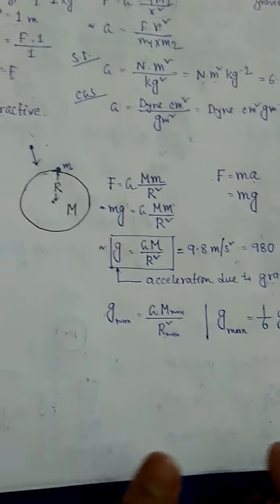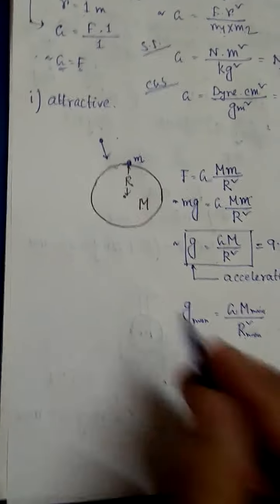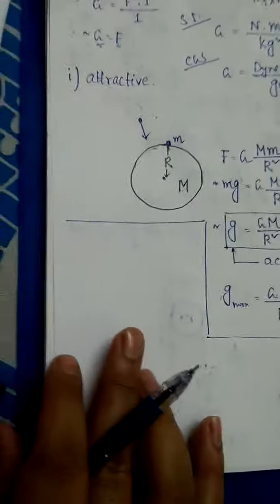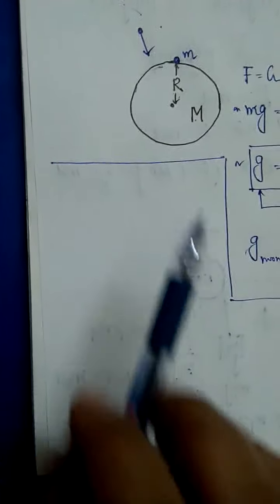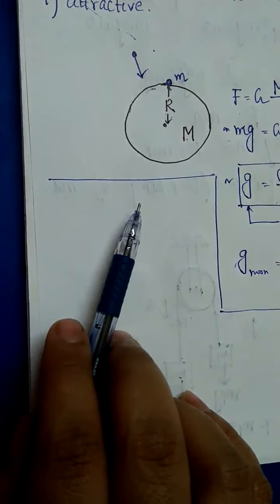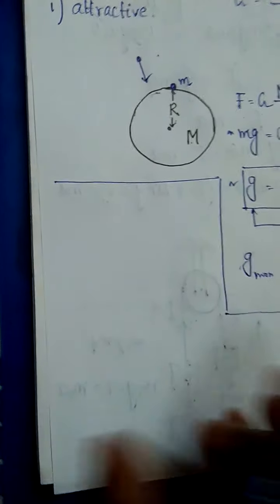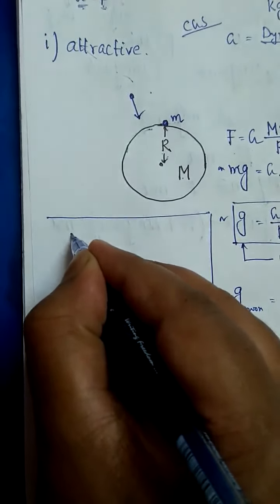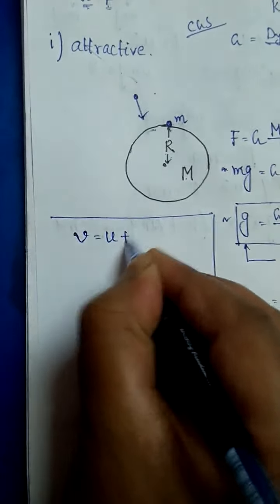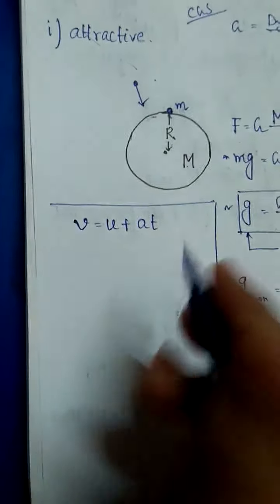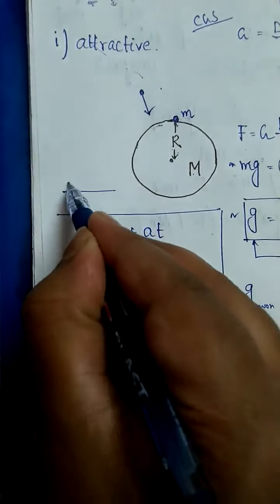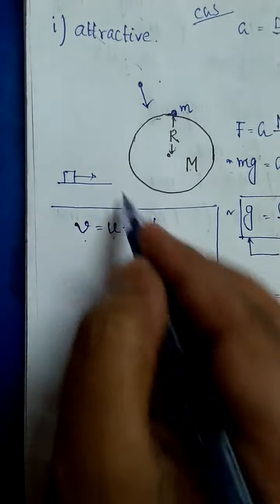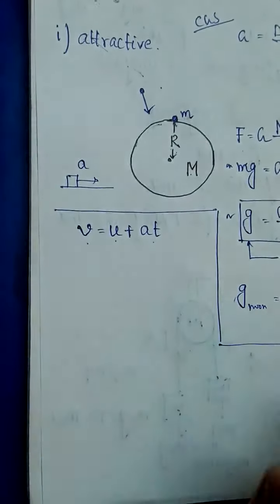Now, in case of free fall, we shall find the form of the equations of one dimensional motion in case of gravity. When we write the equation v equal to u plus at, that means our object is going through a path whose initial velocity is u, final velocity is v, going with an acceleration a, and t is the time.